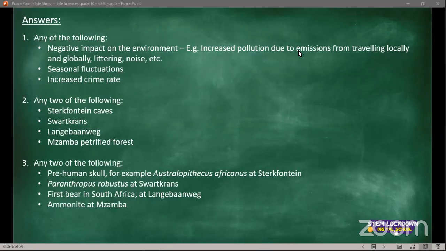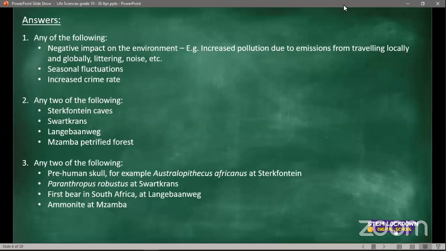Now, fossils. Any of the two of the following, guys, sorry. So for Sterkfontein Caves, we have the pre-human skull, for example, the Australopithecus africanus that was found there. And for a fossil that was found in Swartkrans, it's the Paranthropus robustus.